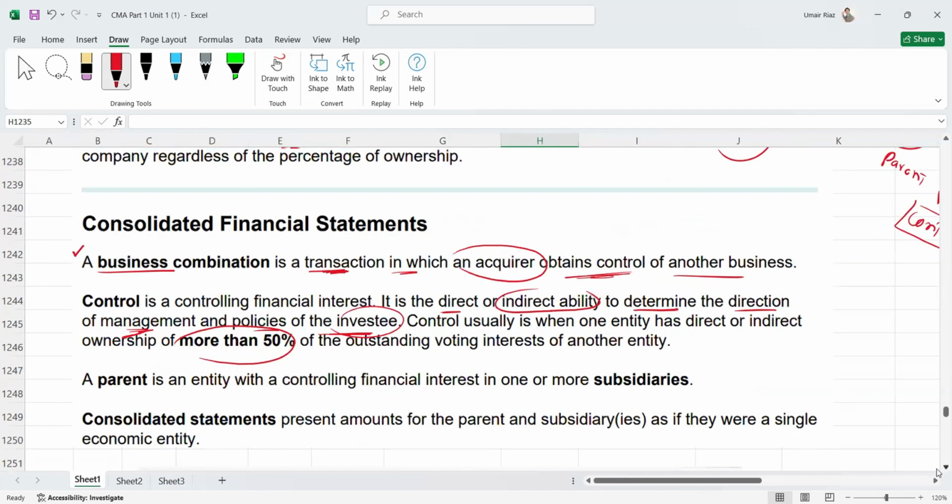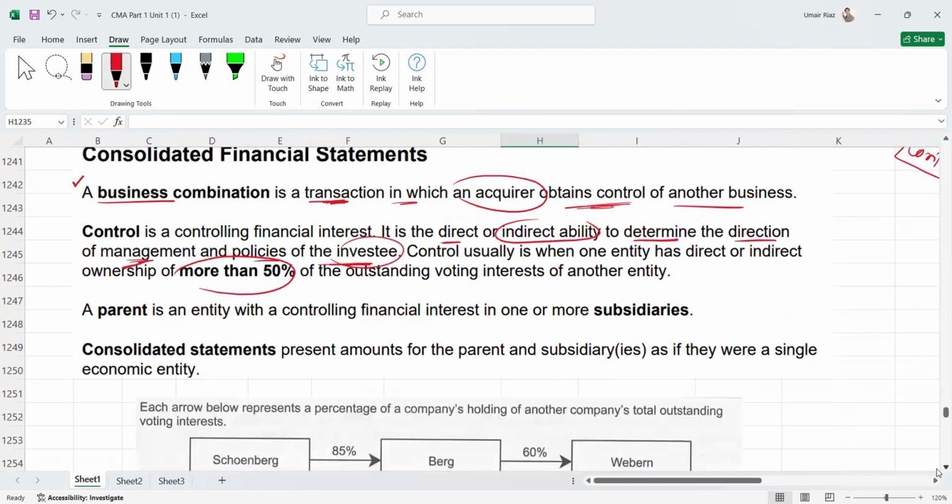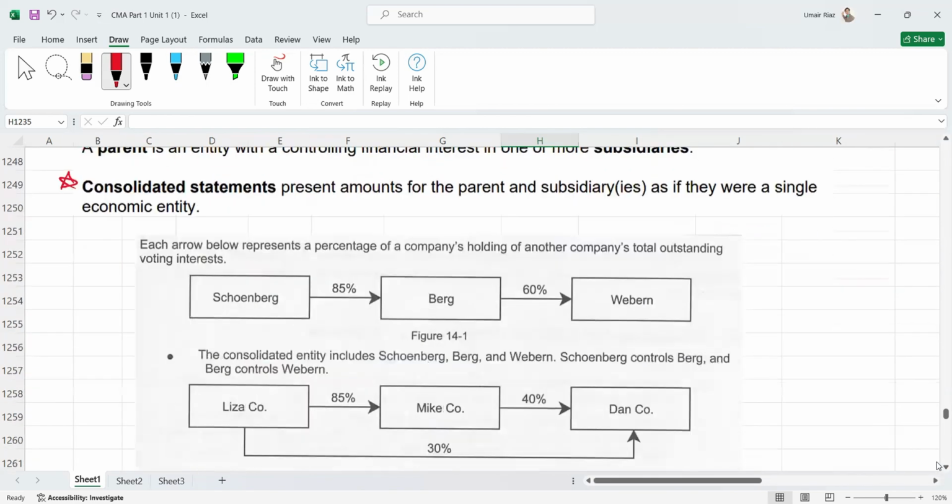Now let me give you examples for voting rights, and then I'll explain this note. Here we have an example. Let's assume S company holds 85% of the voting interest of B company.